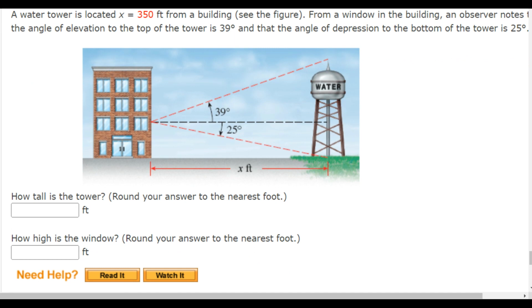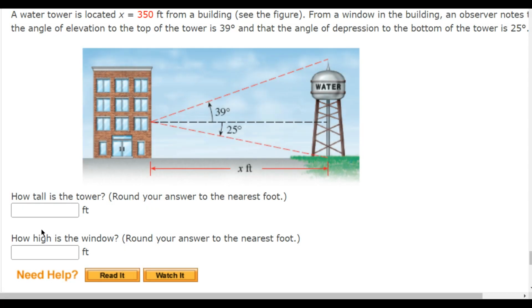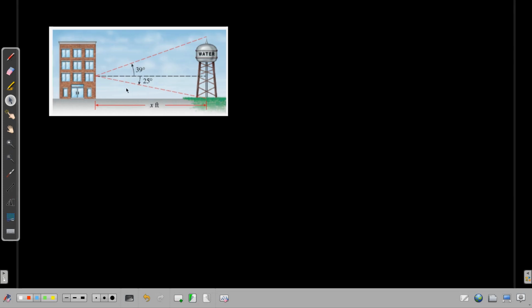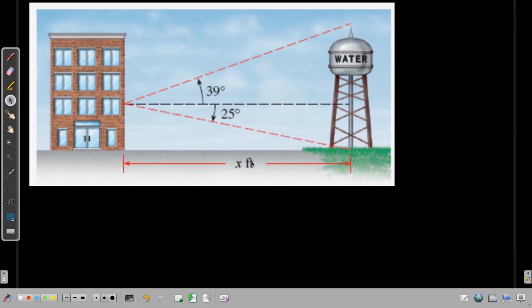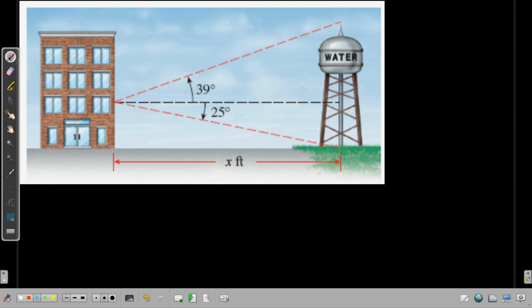Let's make a drawing. They already have a drawing there, so maybe I can just draw on top of that. All right, here's our situation.